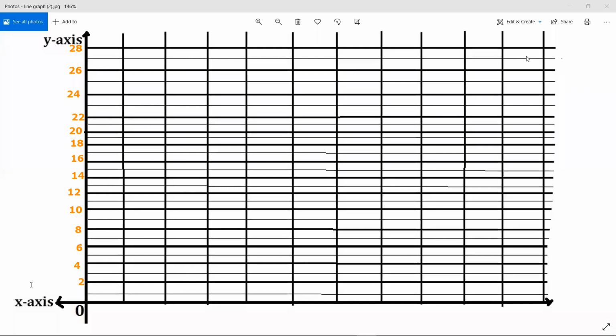Then here will be the number sold, or the number of items sold.